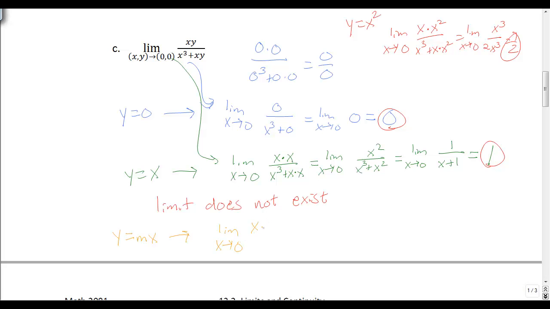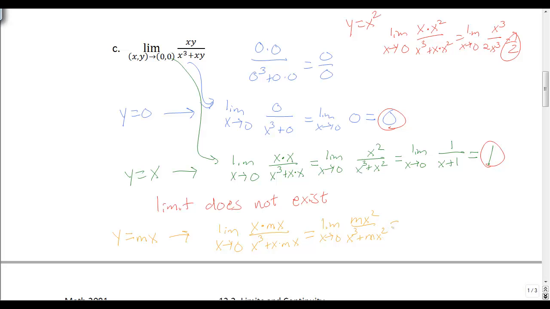Here you get x times mx, where m is just some slope, over x cubed plus x times mx, and so you get a limit as x goes to 0 of mx squared over x cubed plus mx squared.